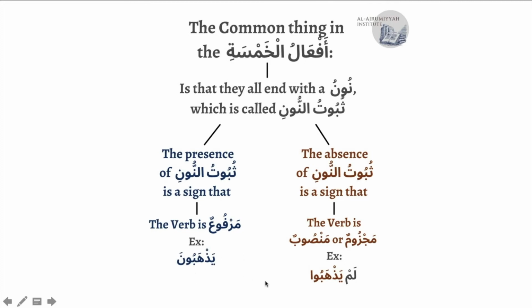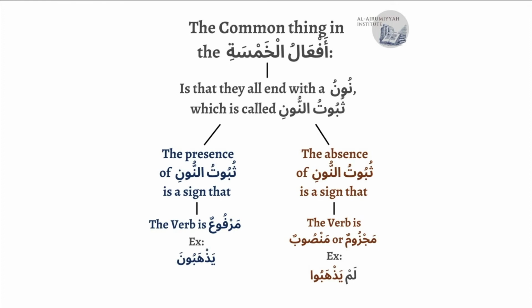So yadhhabuna became yadhhabu without the noon because it is majzum because of lam. And if I also place a verb with a pronoun that does not take thubut noon, like anta, it would be lam tadhhab with sukoon, because the sign of it being majzum is the original sign, which is sukoon. Likewise, the sign of it being mansub is the original sign, which is the fatha.